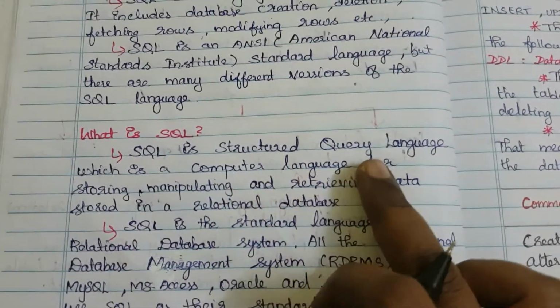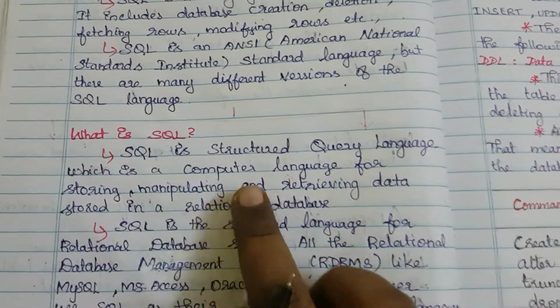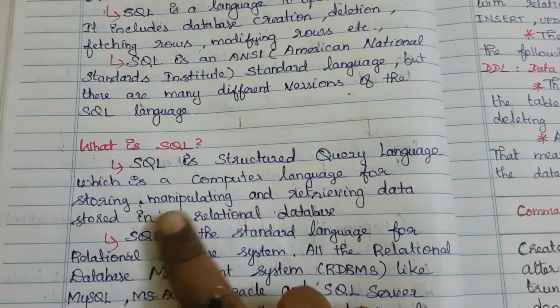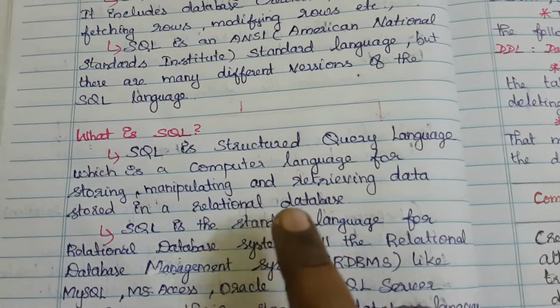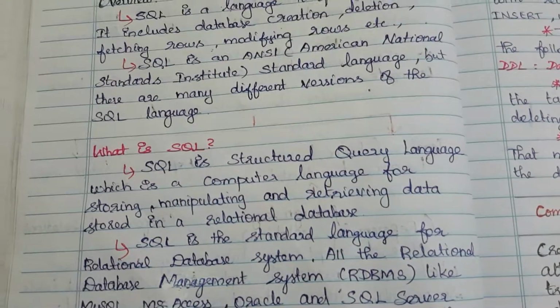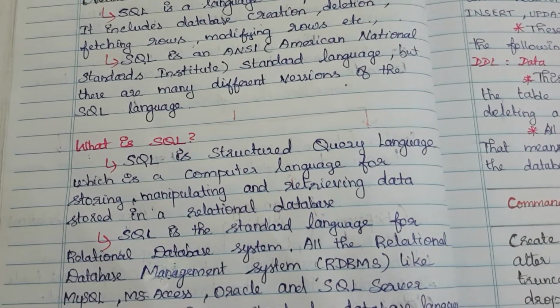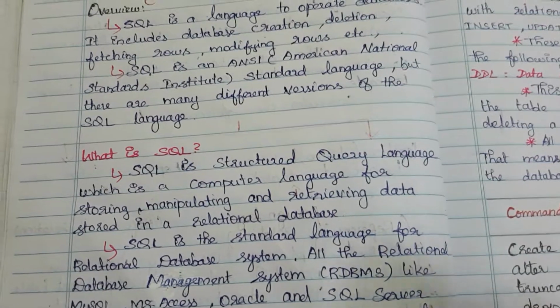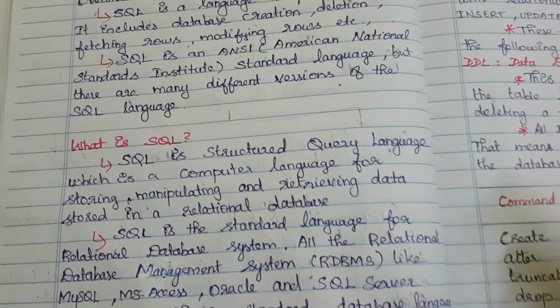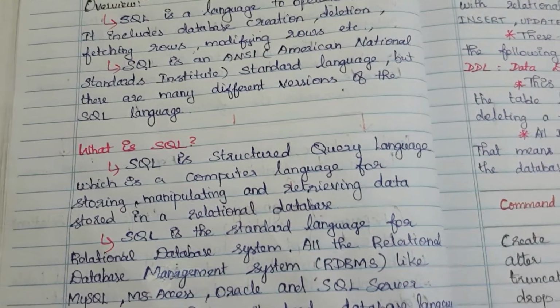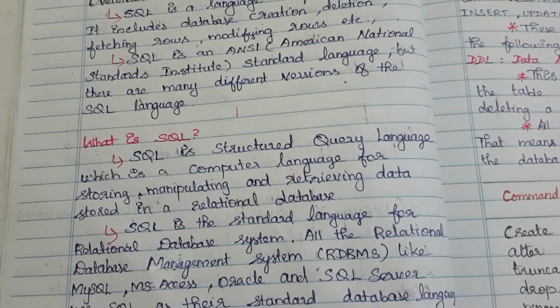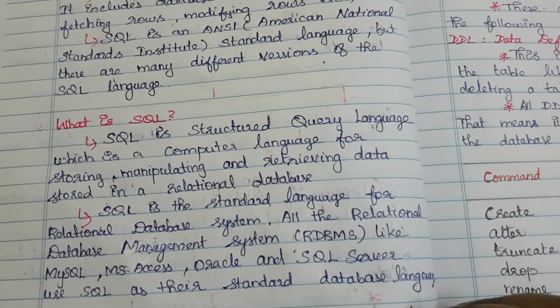So let's move on to what is SQL. SQL is a Structured Query Language, which is a computer language for storing, manipulating and retrieving data stored in a relational database. Whatever data is stored in the database can be stored, manipulated or retrieved using the language SQL.